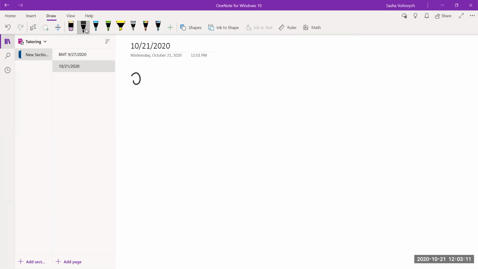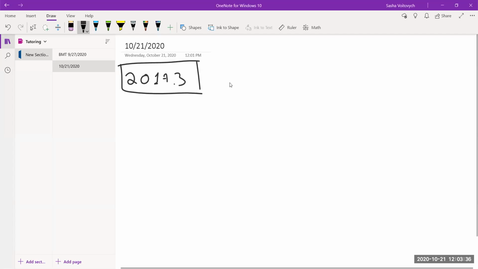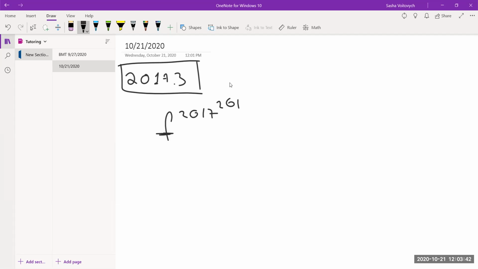Yeah, so we'll start with 2017.3, which is a problem of a function, a polynomial, and we know that some kind of weird condition holds for this function. This is the condition.